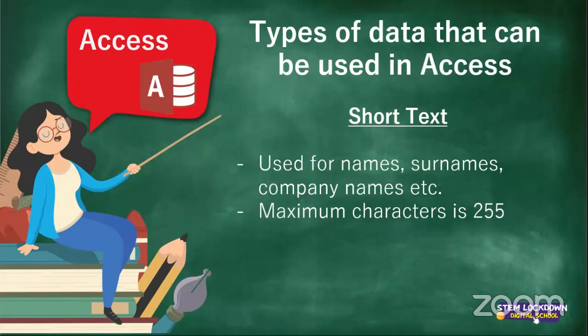So in a database, what you'll typically get is a table, and then a field, and what you will store in that field would be names, surnames, age, company names, or email addresses. And in that field, you need to tell the database so that the field will represent a short text, or the data will be in the form of a short text.